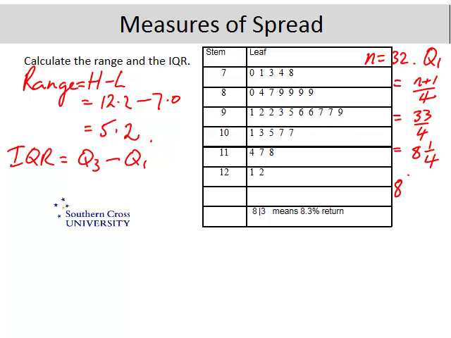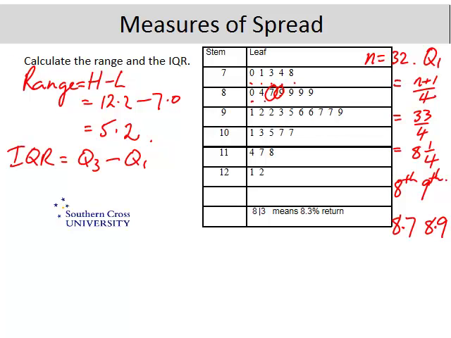So we need to know the 8th score and the 9th score. And the lower quartile will be 1/4 of the way between them. So just counting, 1, 2, 3, 4, 5, 6, 7, 8. So this is the 8th, this is the 9th. So the 8th score is 8.7 and the 9th score is 8.9.